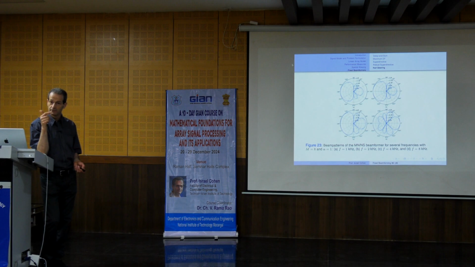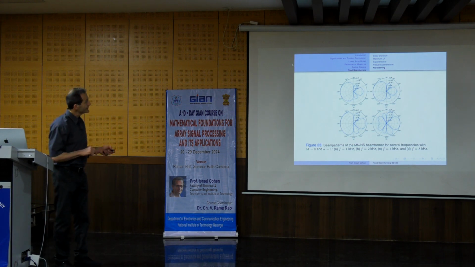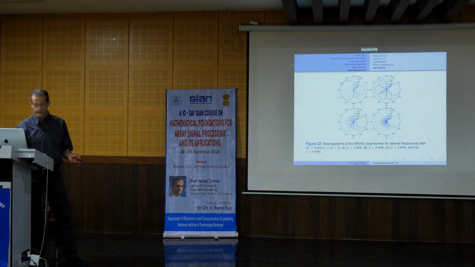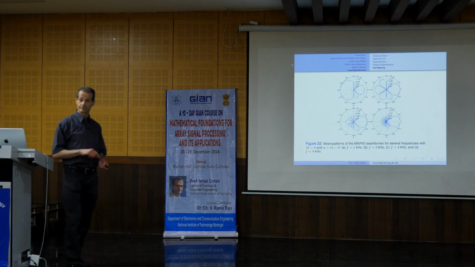Which directions? 45 and 90 degrees. So you see in all these beam patterns, for 45 and 90 degrees, we have nulls, for all frequencies and all alpha. If we take this alpha, 45 degrees, we have a null. 90 degrees, we have a null. For all alpha and for all frequencies, because this is part of the constraint.